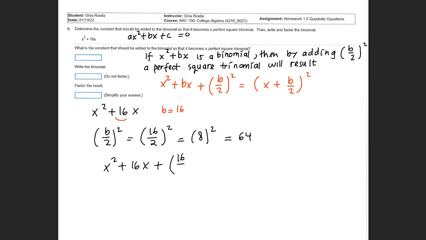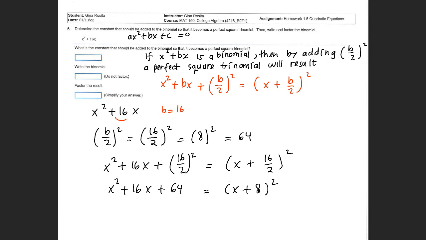If you're confused, just put it like this: equals x plus 16 over 2 squared. So the answer becomes x squared plus 16x plus 64 equals x plus 16 divided by 2, which is 8. So x plus 8 in parentheses squared.